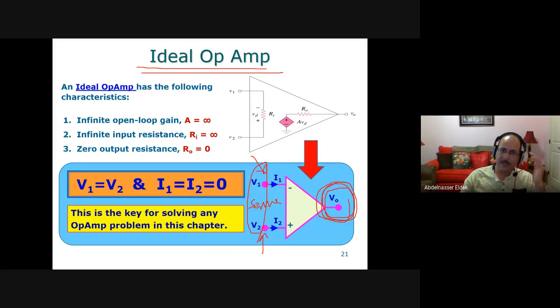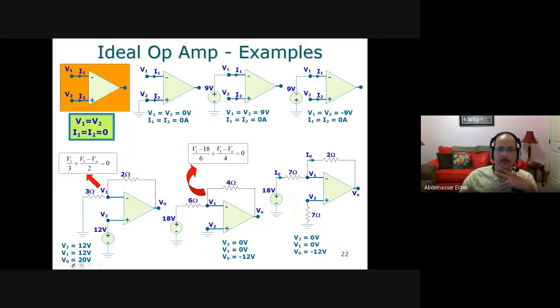So let us take some examples. If you look at the circuit here, assume that V2 is connected to the ground. So this means that V1 equals V2, which is 0. I1 and I2 are 0. That's it.